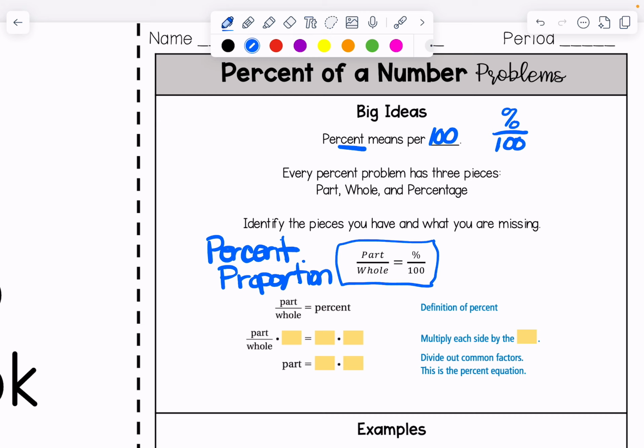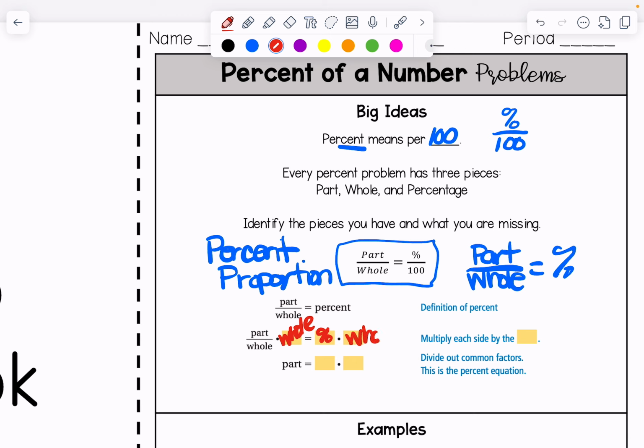So if we think of our percent, the part over the whole equals the percent. If I were to multiply both sides of that equation by the whole, then I would be left with the part equals the percent times the whole.